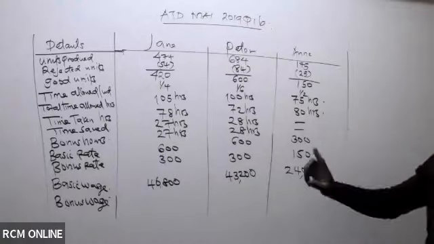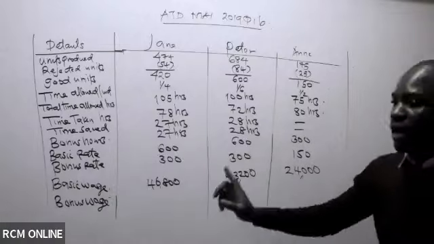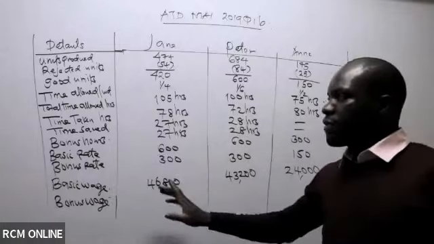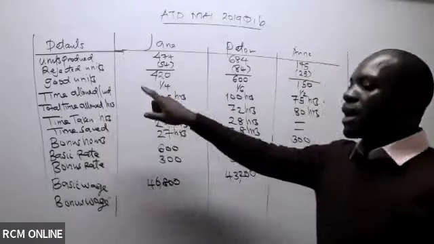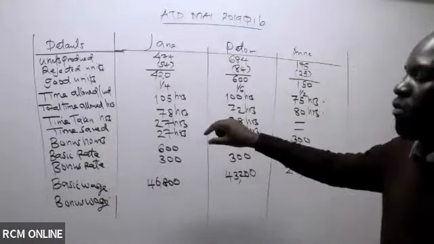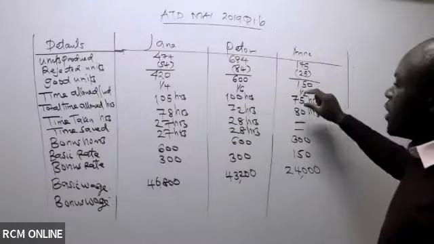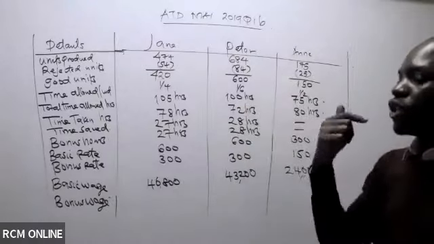Now, in some questions, this is what will be done to you. The examiner will tell you that the company will only pay for the actual time taken to a maximum of the allowed time. Anything above the allowed time will not be paid.